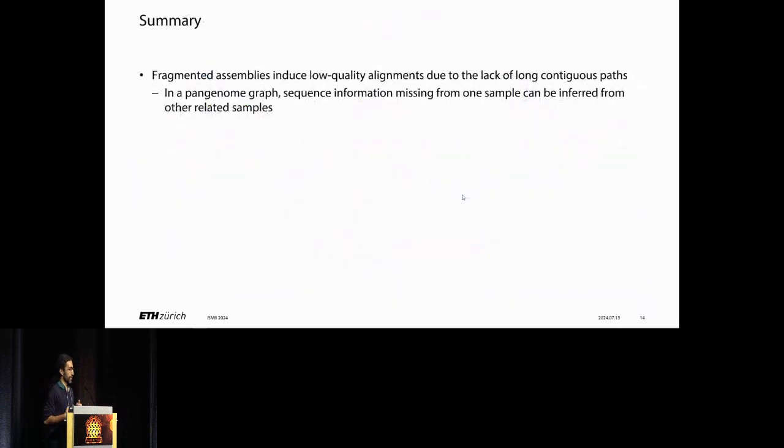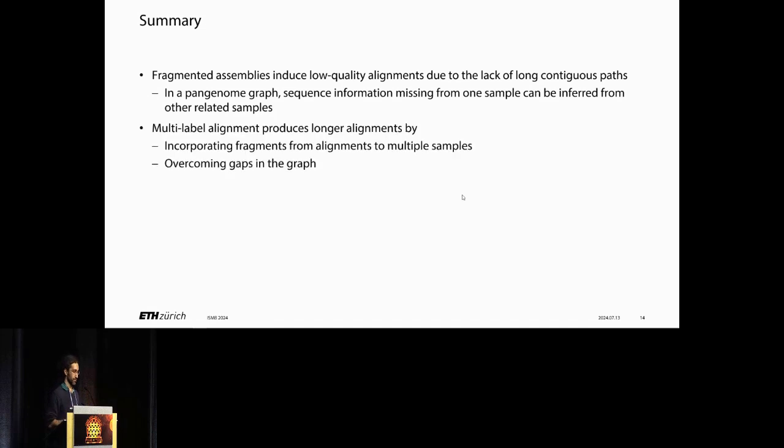So in summary, we want to target the problem of aligning to fragmented assemblies, because these assemblies, if you use traditional alignment approaches, just lack long contiguous paths, which produce short alignments. And we want to take advantage of the fact that pangenome graphs index multiple samples and we can share information between these samples.